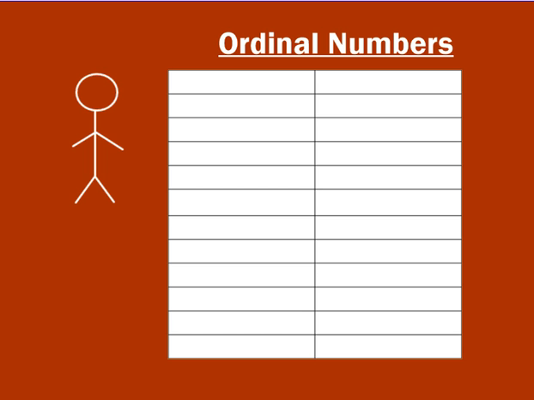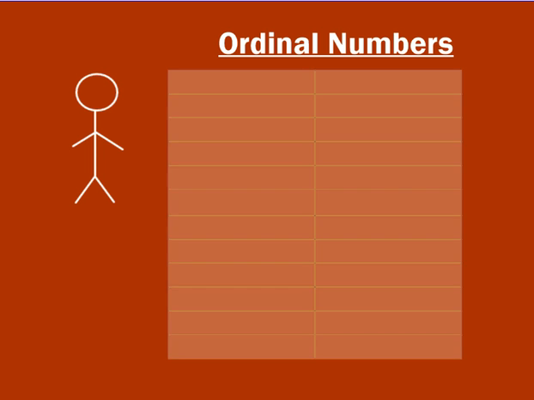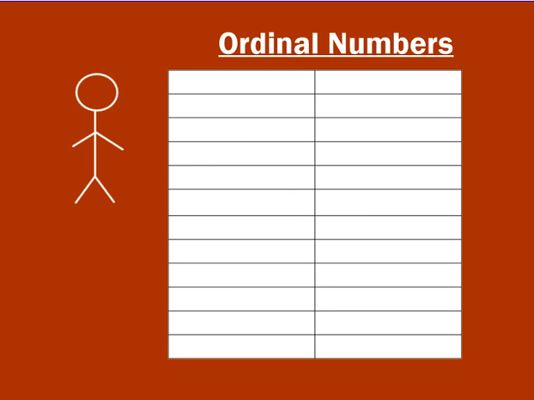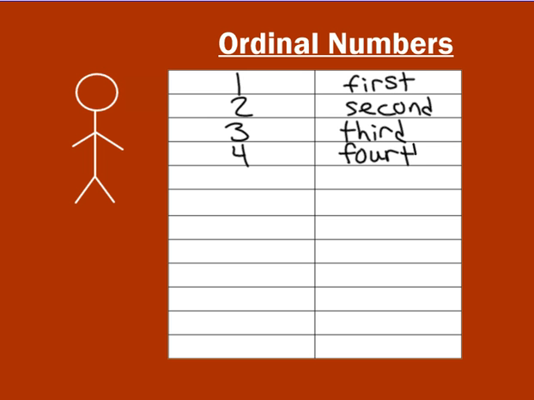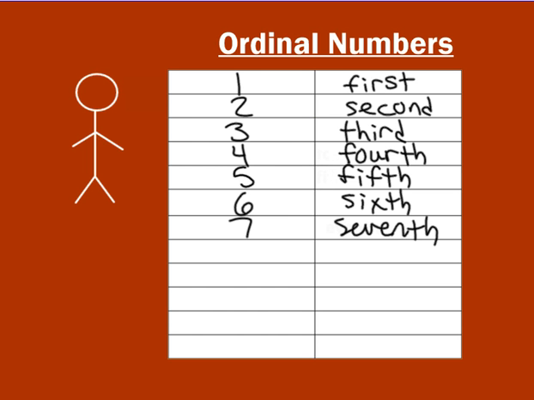Ordinal numbers start with 1, first, second, third, fourth, fifth, sixth, seventh, and eighth, which I had them all in here and they're gone now, so I'll just rewrite them in real quick. 1 is if I am first in line. 2 would be I'm second in line. 3 is I'm third, fourth, fifth, sixth, seventh, and so on. 8th, 9th, 10th, 11th, 12th, which these are all on the top of page 42 as well.